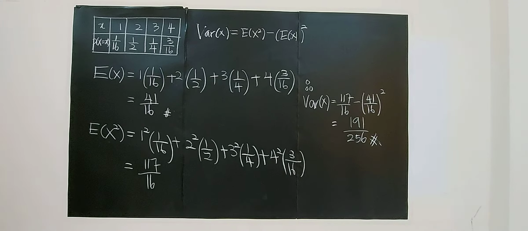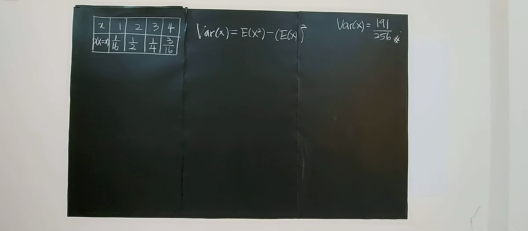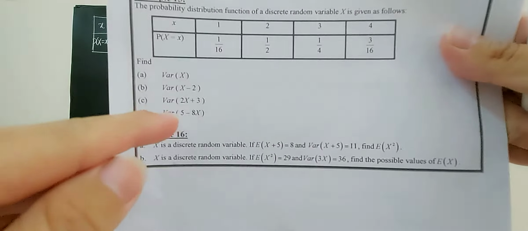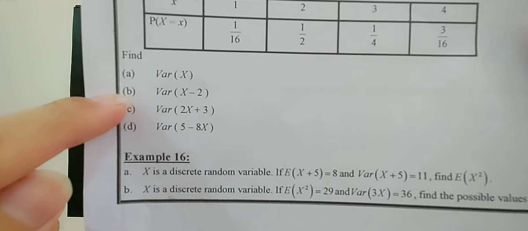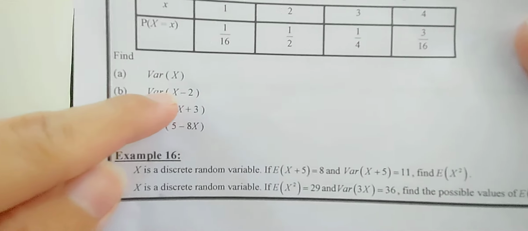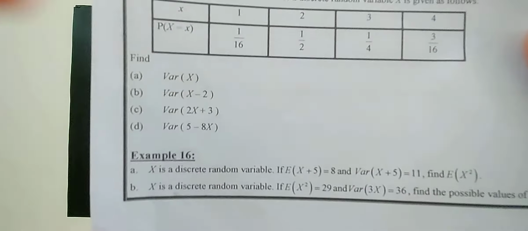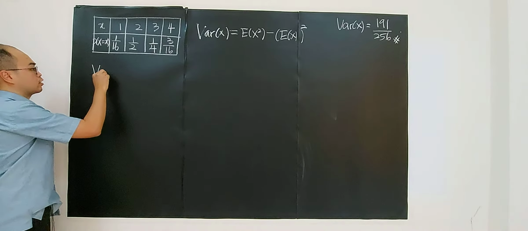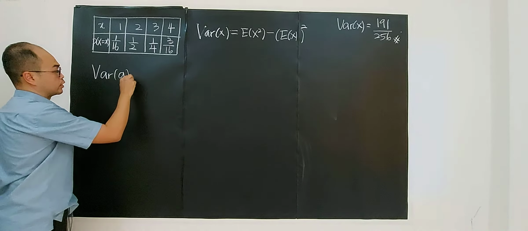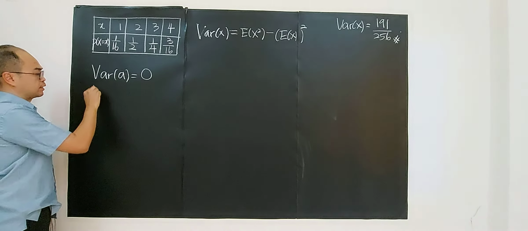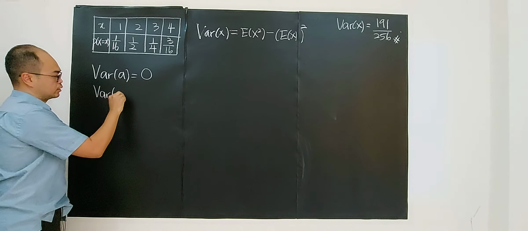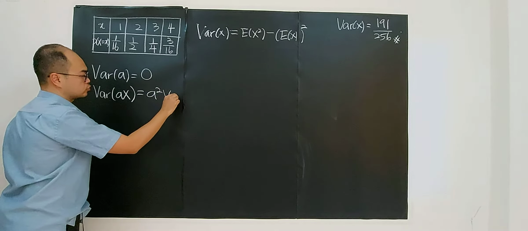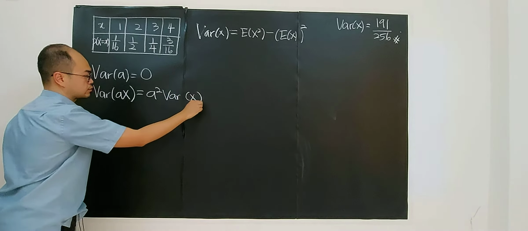Okay, let's see the other questions, and how to use the properties of variance in finding the variance of all these random variables. As revision again: the variance of a constant is 0. The variance of a constant multiplied with a random variable is a squared times the variance of x.